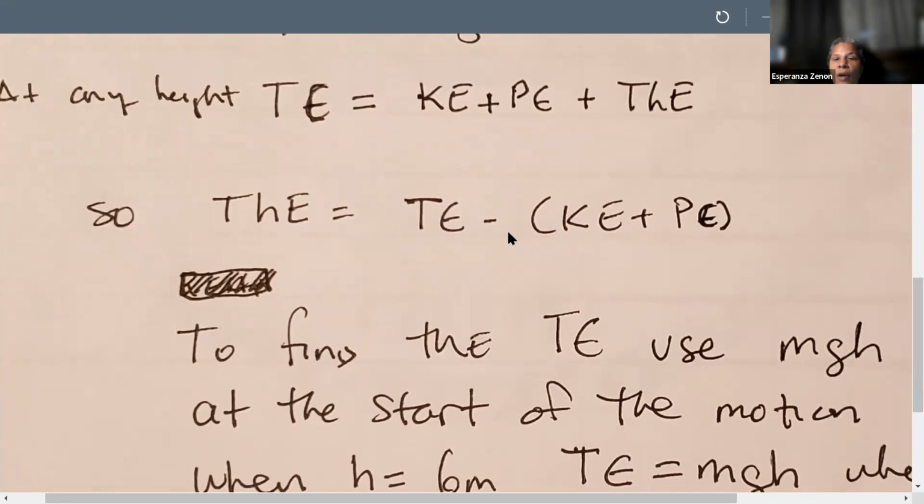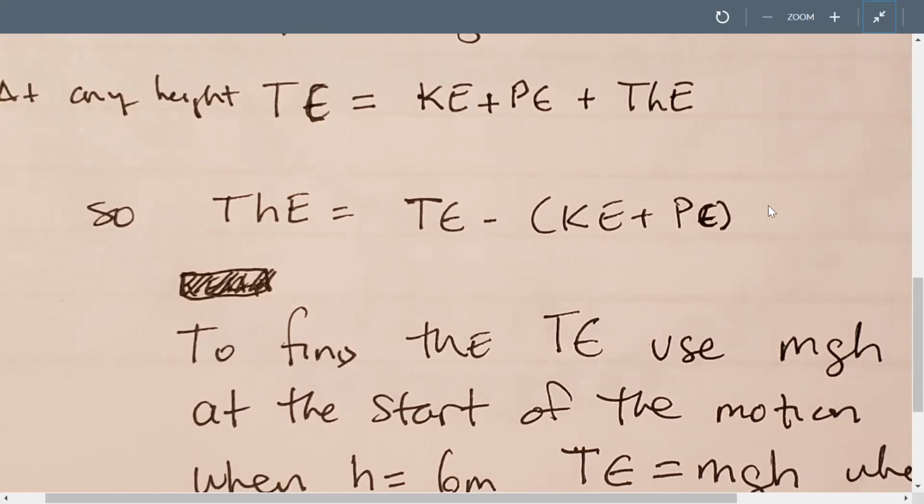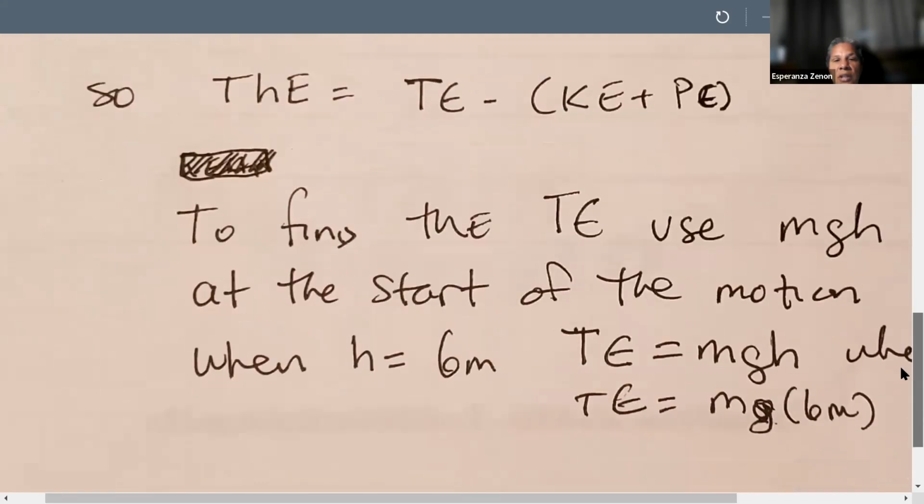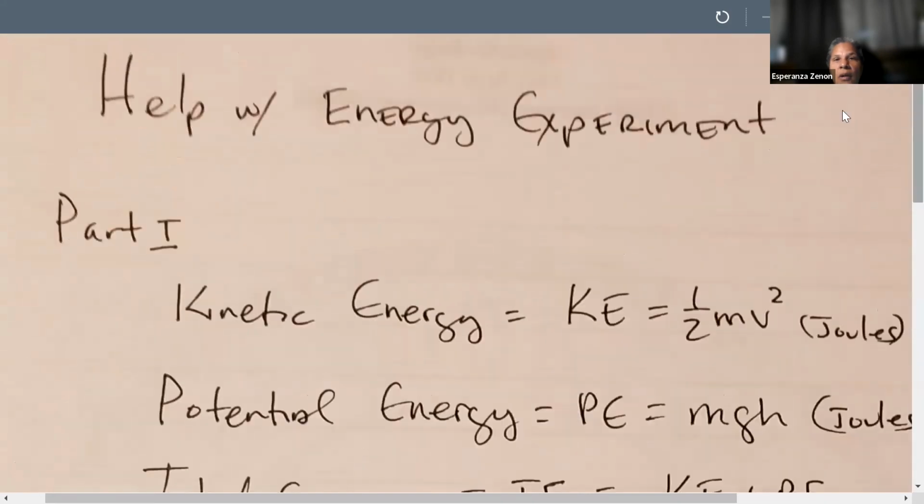And so all you're doing is subtracting out the kinetic energy plus the potential energy. And that's how you will get this value in the table. All right. So you can use this sheet to help you do the calculations that's required in that experiment handout. Okay.